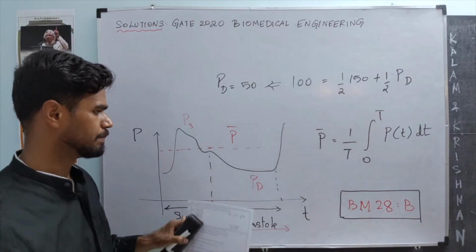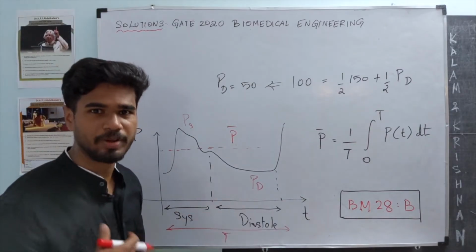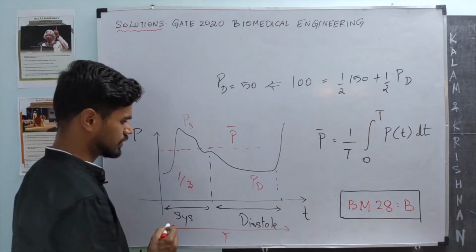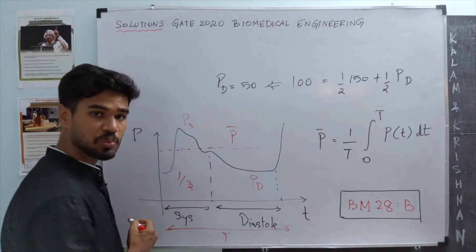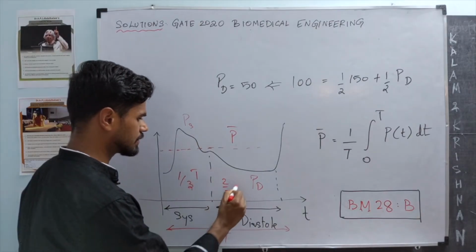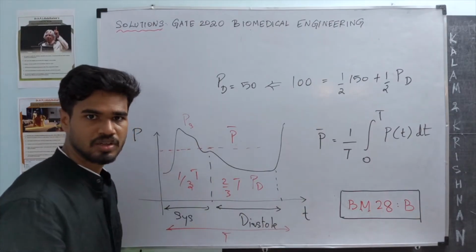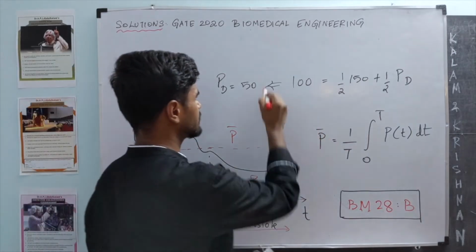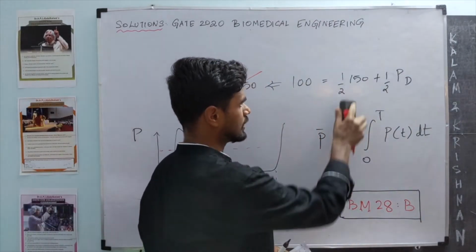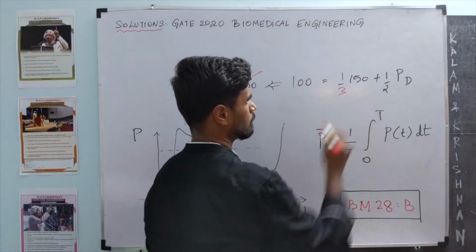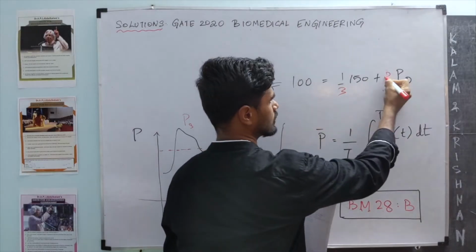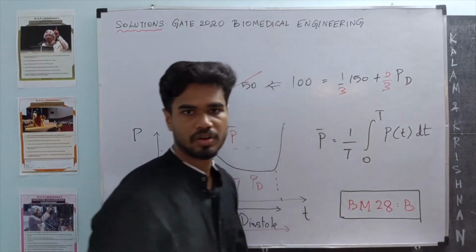Now, based on the information that is given, what we know is that the systole is usually 1/3 of the total heartbeat. So systole makes 1/3 of the cycle, diastole makes 2/3 of the cycle. So the correct expression for the average here is 1/3 of systole plus 2/3 of diastole.